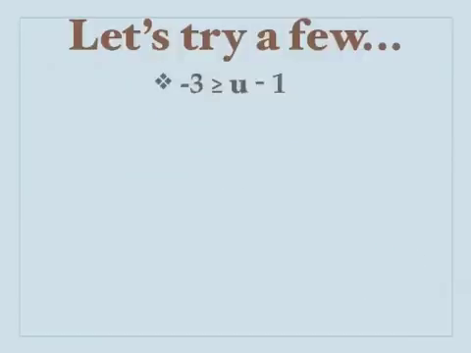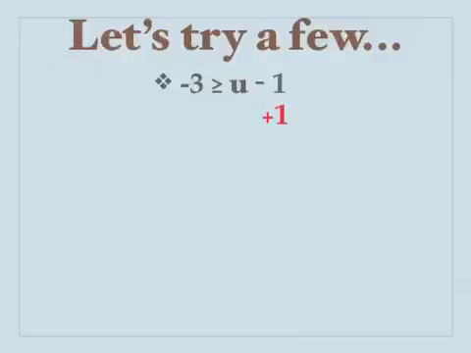The next example, we have -3 is greater than or equal to u minus 1. Remember, just like with equations, we're asking ourselves what is happening to the variable. If you look at the variable, u is being subtracted by 1. So I need to do the opposite of subtracting 1, which is adding 1.